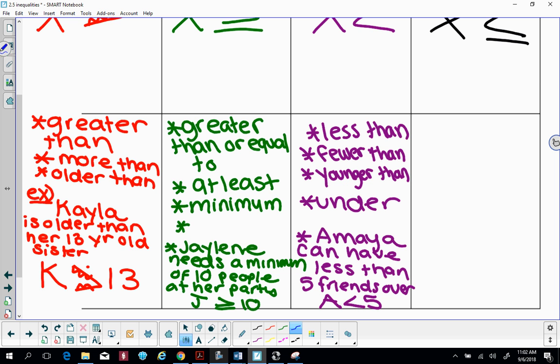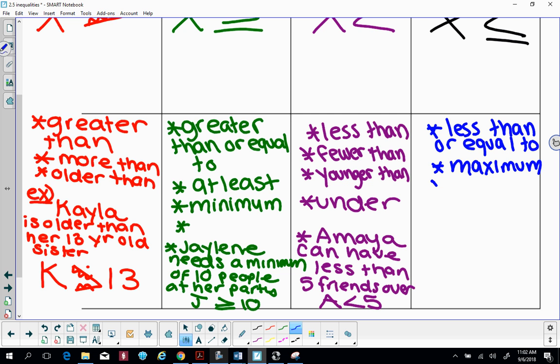The last one is less than or equal to. And so that could be a maximum. That could be at most. If I said that Maya can have at most 3 cookies, could she eat the whole box?